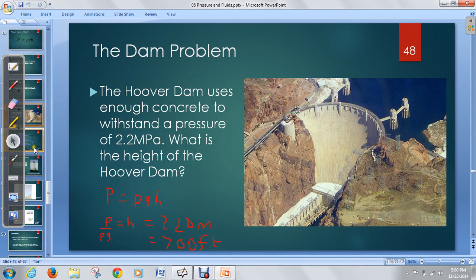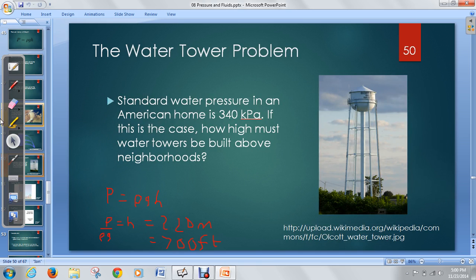And then the last thing we want to talk about is water pressure. I won't have you do this problem, but if you've ever been inside your house and you've turned on the sink and had low water pressure, it kind of stinks. So we're glad that we have nice, strong water pressure. And that's because we have water towers that make sure we have this nice, consistent water pressure.